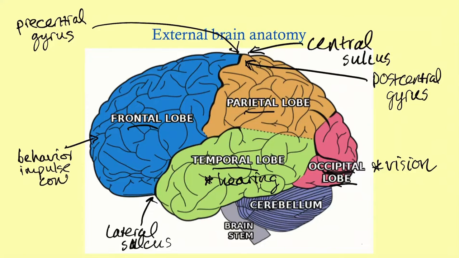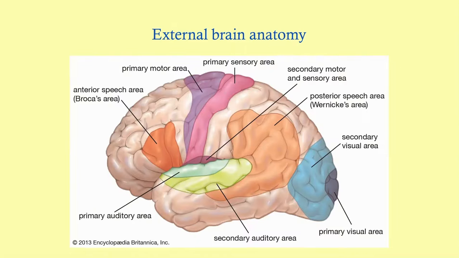Okay, so that's just a general idea of the external brain anatomy as it pertains to the cerebrum. There's also the cerebellum that has a lot to do with coordination, as you know. If you're taking Step 1, you'll want to know more details about the cerebellum. We're not going to go into that here. And then we have the brainstem, which of course is made up of the midbrain, the pons, and the medulla.